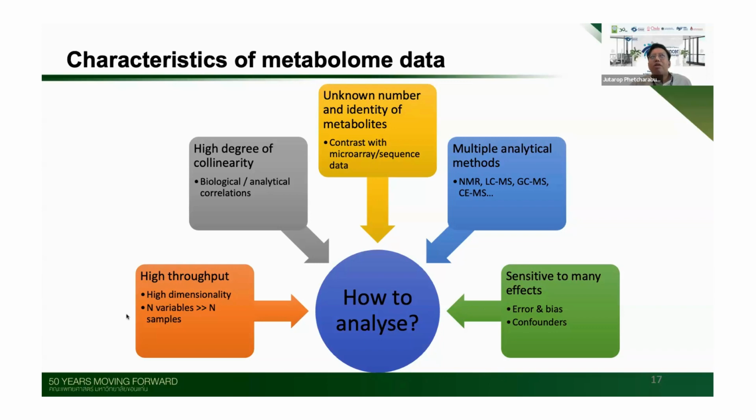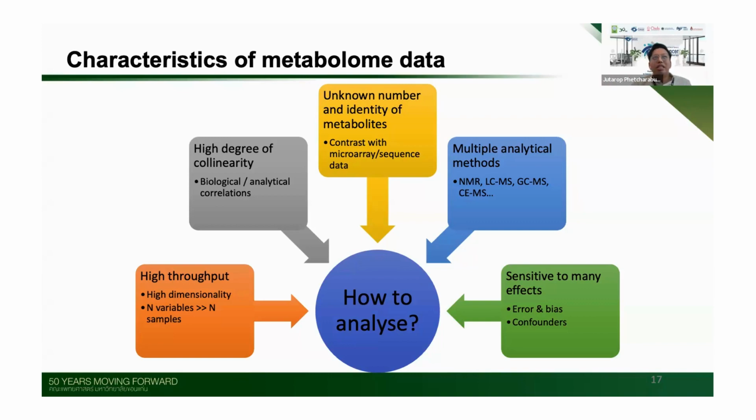And also, we can't really expect to identify all the signal features coming out from the analytical platforms, either NMR or LC-MS, because most of them are unidentifiable. So maybe only 50 or up to 70% can be identified on NMR, or less than 50% on MS. And it requires multiple analytical methods in order to confirm the existence of such metabolites or small molecules.